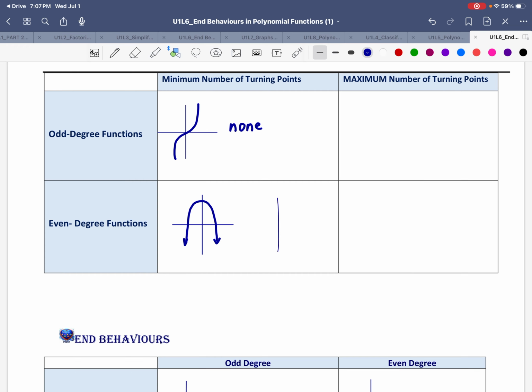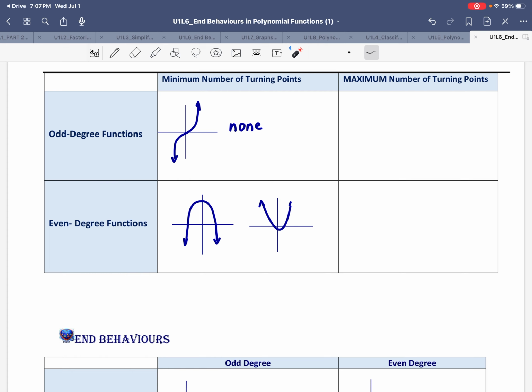Now, on the other hand, the polynomial functions of odd degree go towards opposite y values. And that's the reason why they can get away without making a turn, because they don't have to come back to negatives or back to positives, just like the even degree polynomials do.